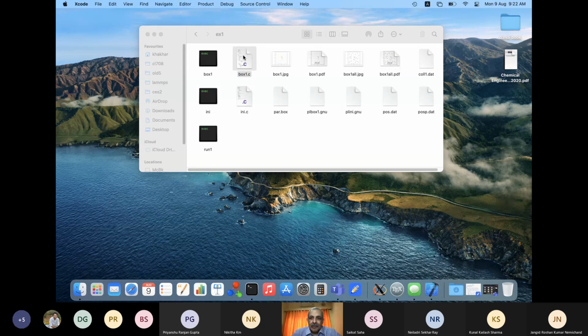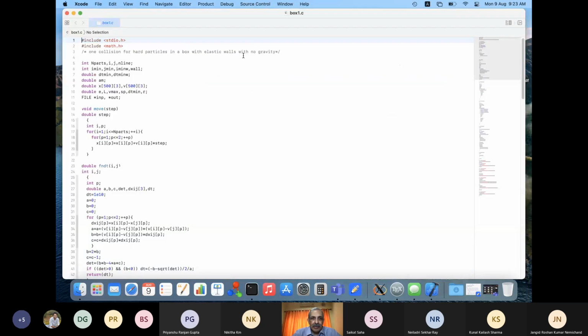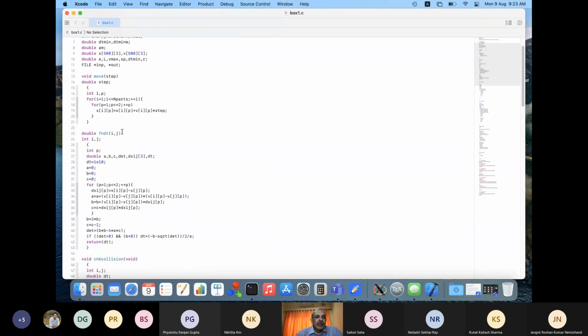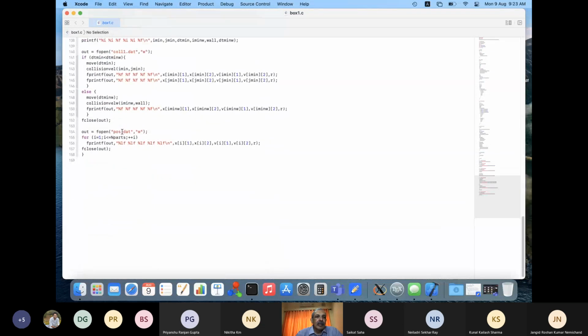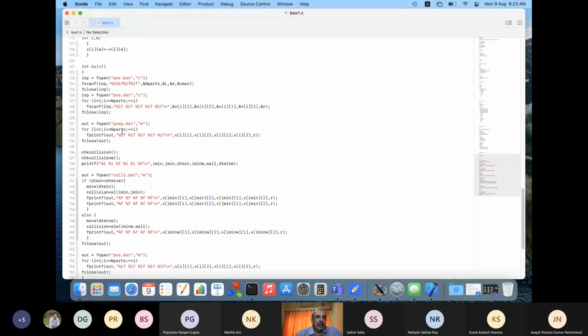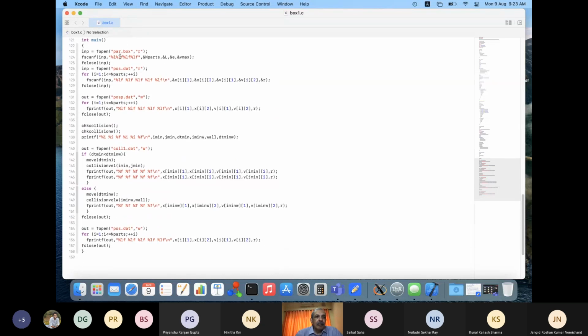This program is written in C language, and I hope all of you know this language. If you look at this program, it's sort of a general one. It opens the parameter value file, which reads the number of particles, the size of the box, the coefficient of restitution, and the velocity.